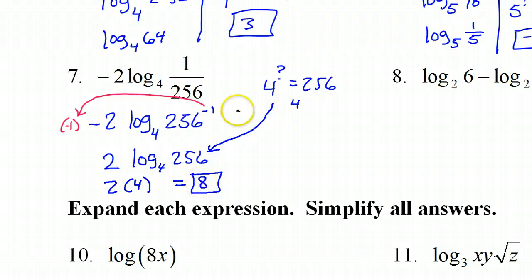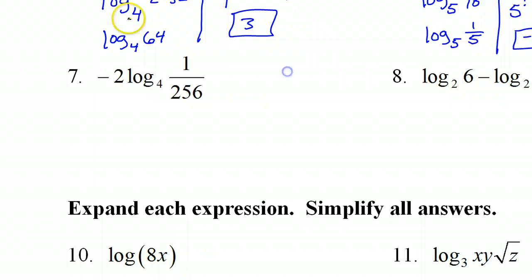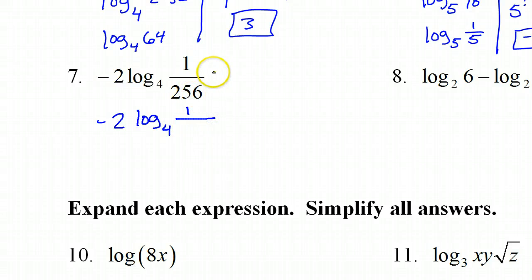So, that was one way to do it. That was my favorite way to do it. Here's another way to do it. Okay, so I've got -2 log base 4. I could do it this way. Instead of making this 256 to the -1 power, I could go ahead and figure out what 256 is in this form.